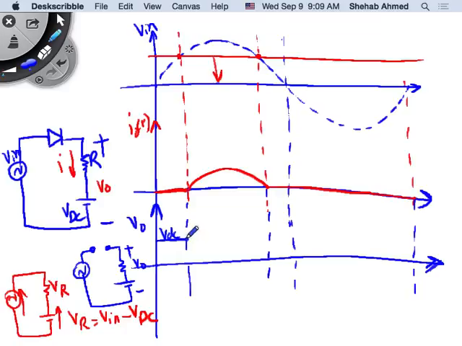And then there's current flowing. When current is flowing, the output voltage is equal to VDC plus VR. VR looks like the current flowing through it, exactly, it's just scaled. So it looks like this, and then current again is 0. So my output voltage is VDC. Okay? Okay with this?